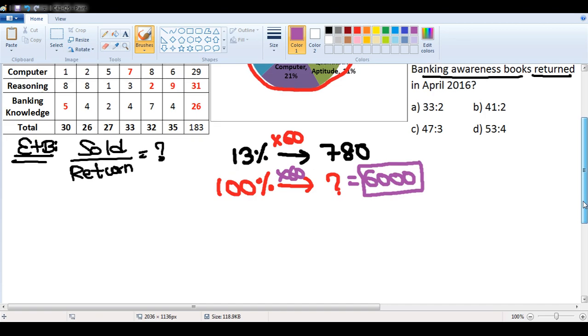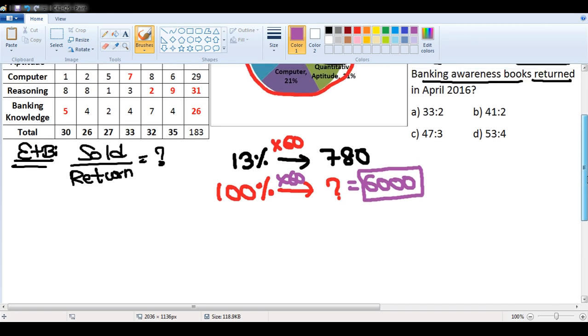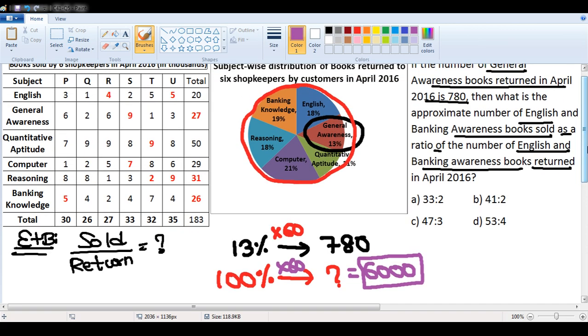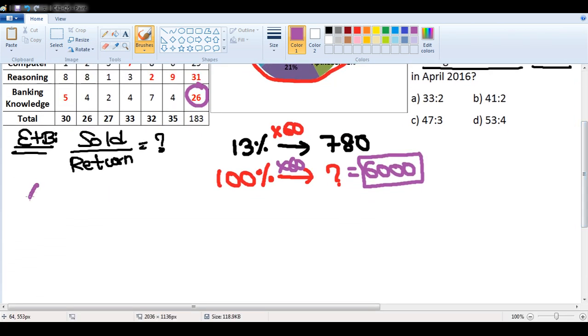Now I require E and B sold, English and banking awareness sold. English is 20, banking awareness 26. So 20 plus 26 is 46,000.